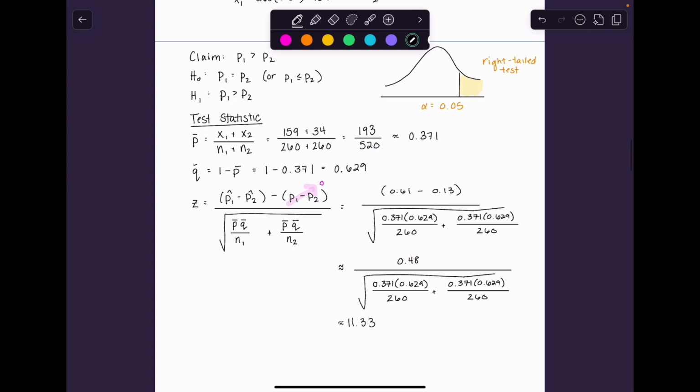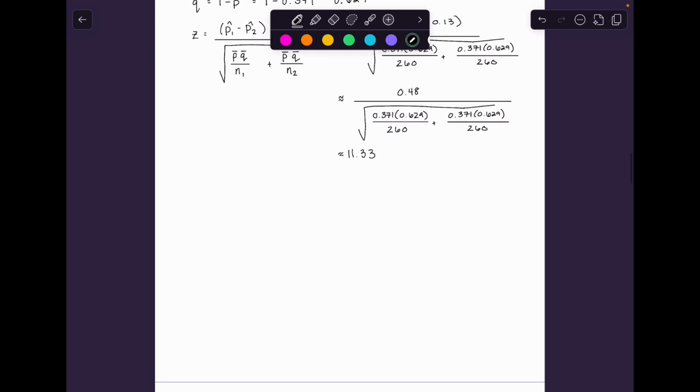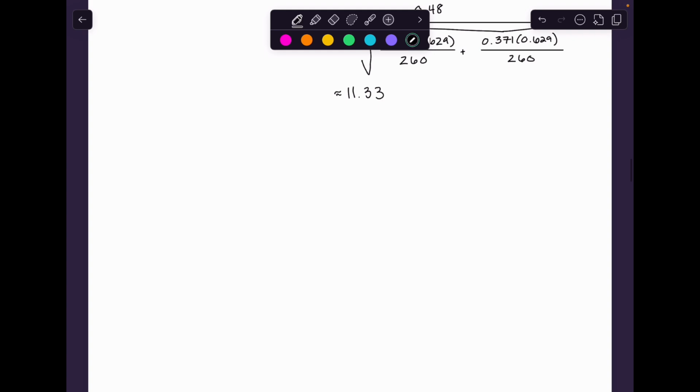Okay. So now that we have our test statistic, now we need to figure out what is the area to the right of this test statistic. And if it is less than 5%, we know that's significant and we're going to reject that null hypothesis. Okay. So using the Z table, which is at the very end of this PDF, the area to the left of Z equaling 11.33 is the following.